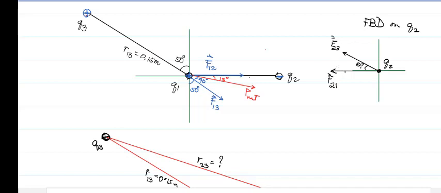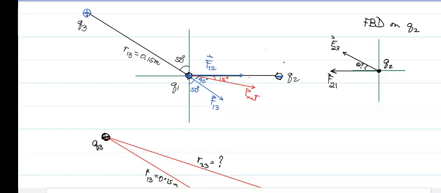So we need to determine the distance between charge 3 and charge 2, since we already have the distance between charge 1 and charge 2. But we do not have the R23, or the distance between charge 3 and charge 2.